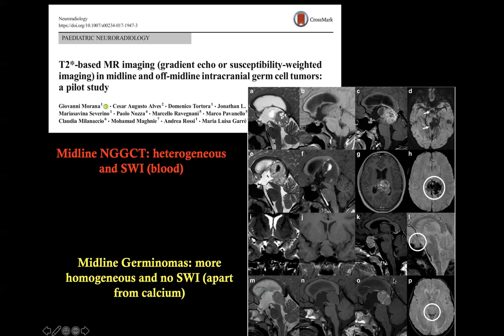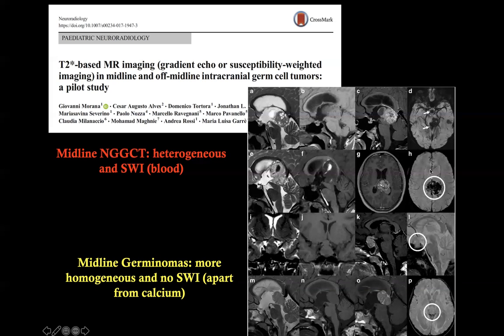And again, look at the different location, can be bifocal, like in this case, or mainly in the sellar suprasellar region, or only in the pineal region. So this is a good slide that I want to show from this paper, because it really shows all the possible combinations and the differences in SWI.